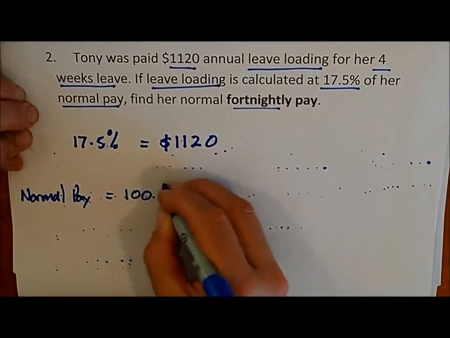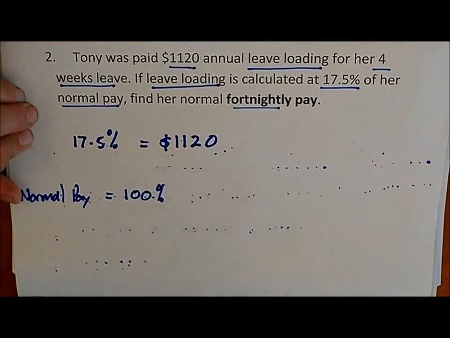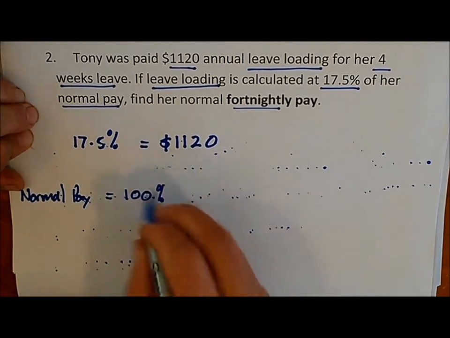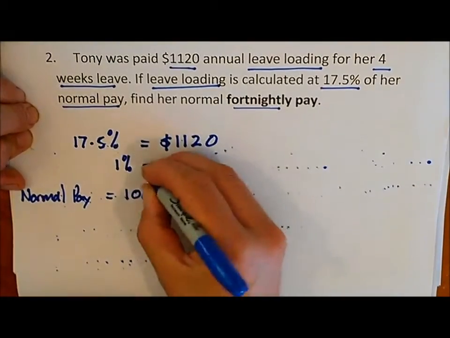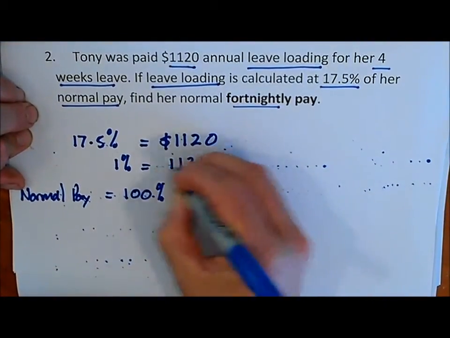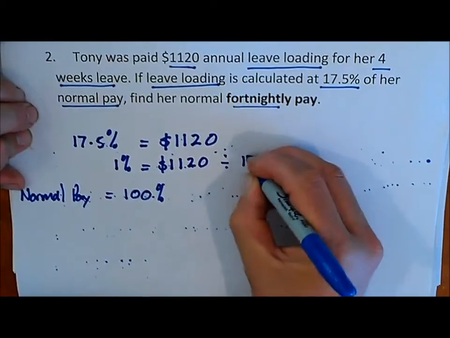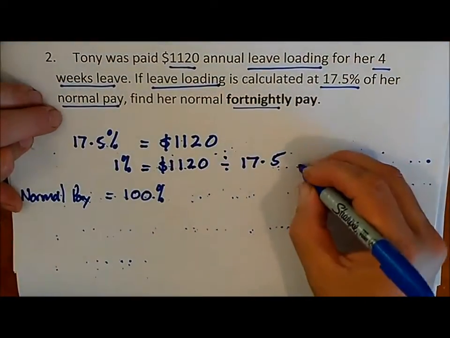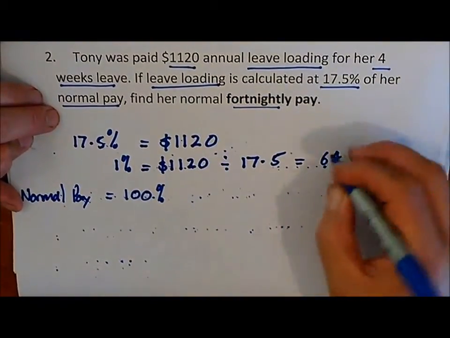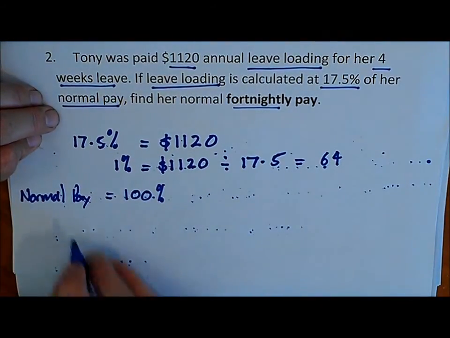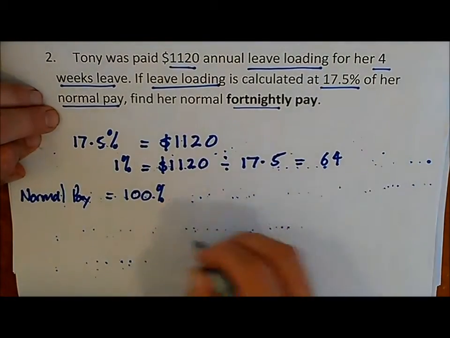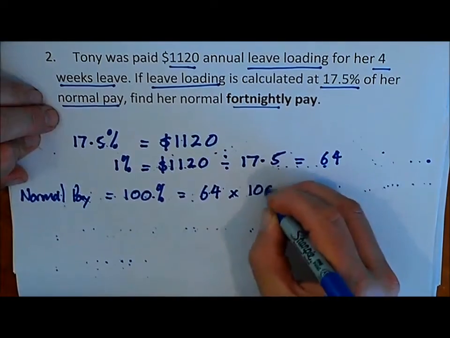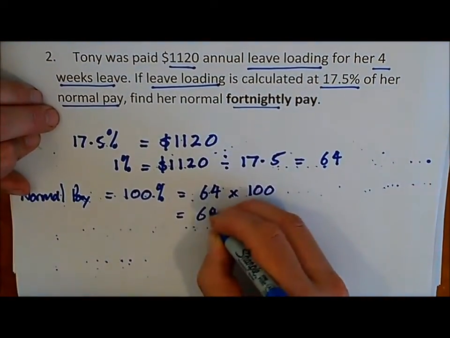Now to find 100%, I would first use the unitary method and I'd take this back and say, well, if 17.5% is this, 1% must be 1,120 divided by 17.5. When I do that, I find that answer is actually 64. So that's 1%. So the normal pay is 100%, must be our 64 times by 100, or 6,400.